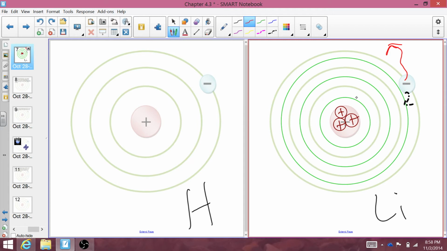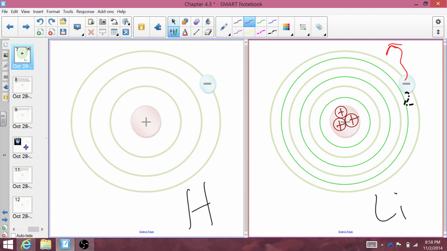So we talked about an element being defined by how many protons it has, but you can identify the element if you pass electricity through it by looking at the colors of light that it gives off, because that will tell you exactly the energy levels that it has, and that will be unique to that element.